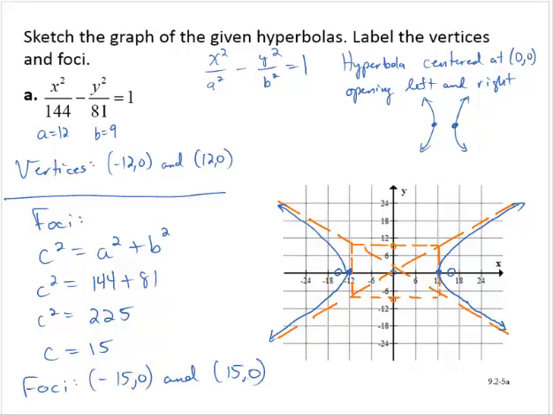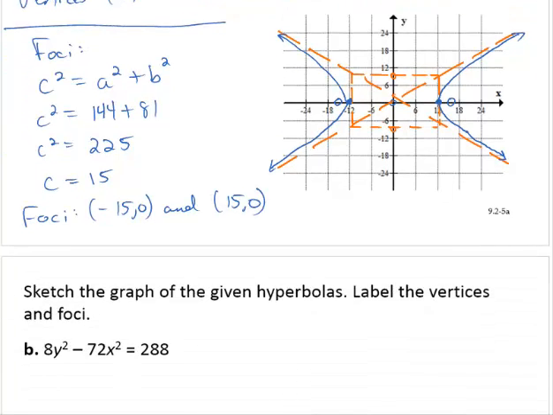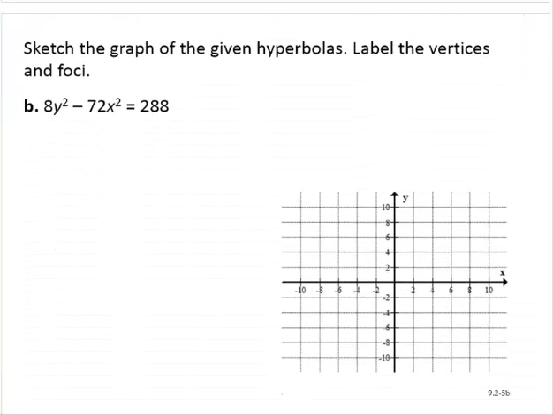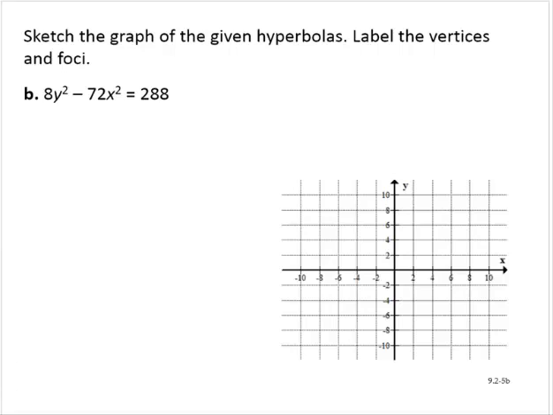Let's look at another example. Sketch the graph of the given hyperbola. Label the vertices and the foci. Now this one's not in standard form, right? We have 8y squared minus 72x squared is equal to 288. Like we did with an ellipse earlier in this section, we'll divide through by the 288.